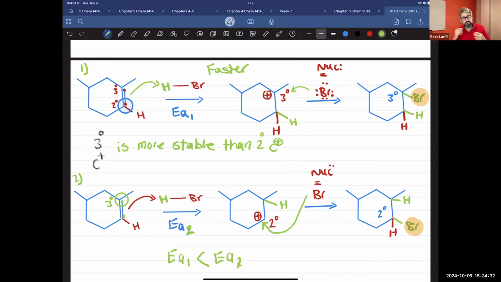This type of selection, we call it Markovnikov. Markovnikov says add the acidic hydrogen to a carbon that has more hydrogen in order to get a carbocation with higher order. So this product will be the Markovnikov product.